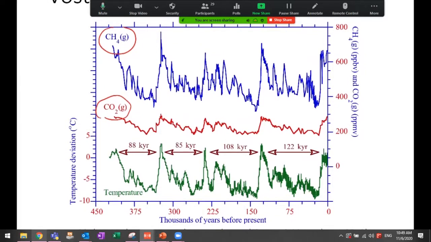And when we talk about climate, we're not talking about last year or 5 years ago, we're talking about a very long range of time, right? Around thousands of years. So we're seeing these high temperature regions corresponding to high concentrations of carbon dioxide and methane here.